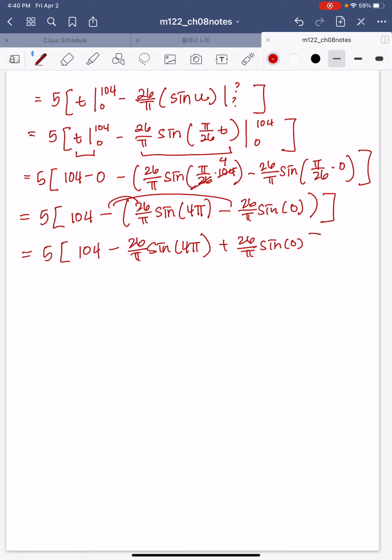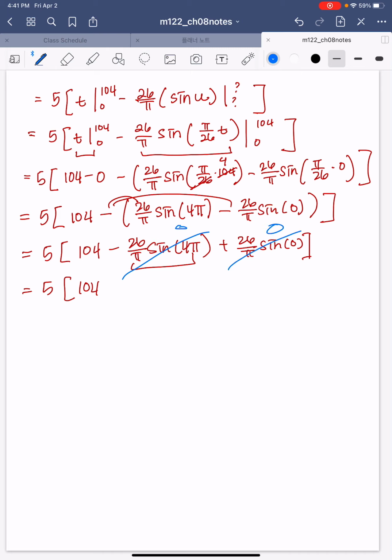Okay. Now I have sine of 4 pi. Those are quadrantal angles, that's a known angle, so that's actually 0. So this part ended up being just a 0. Sine of 0 is also 0, so this one is also 0.